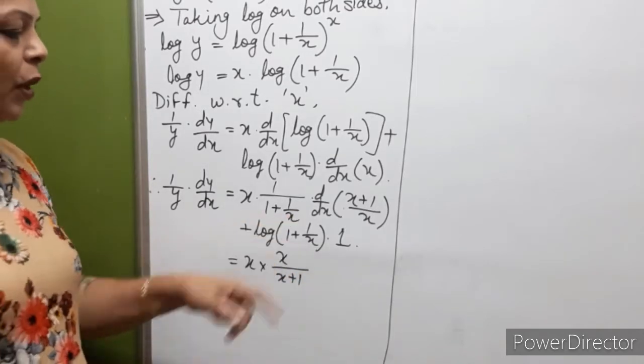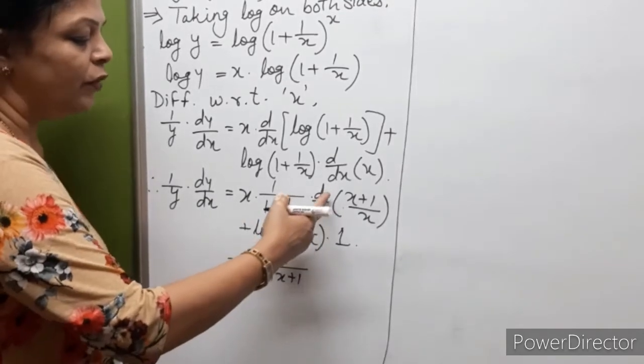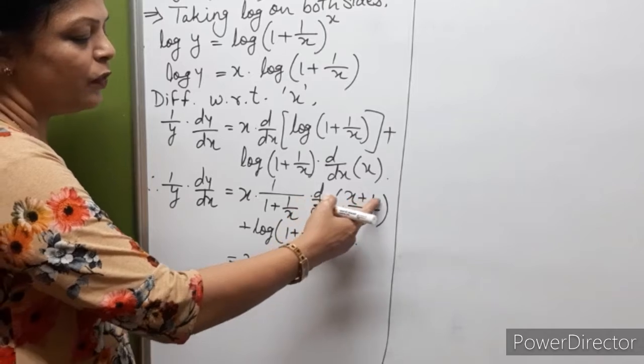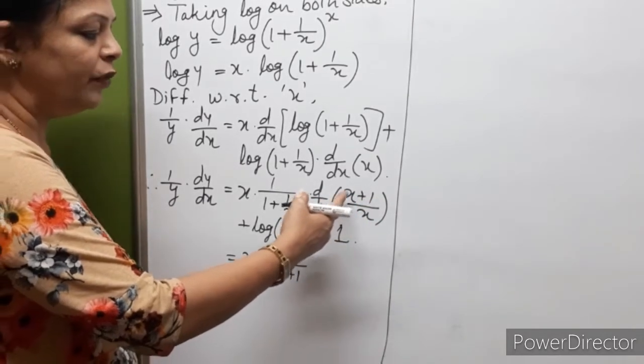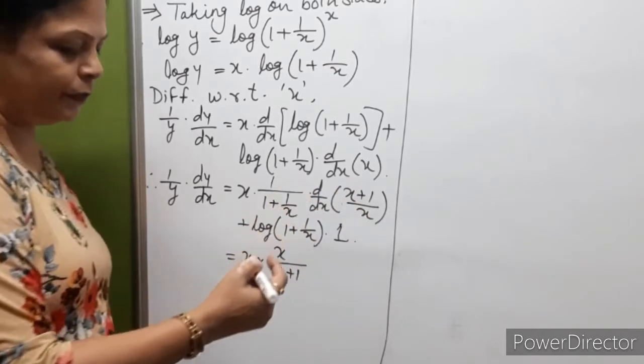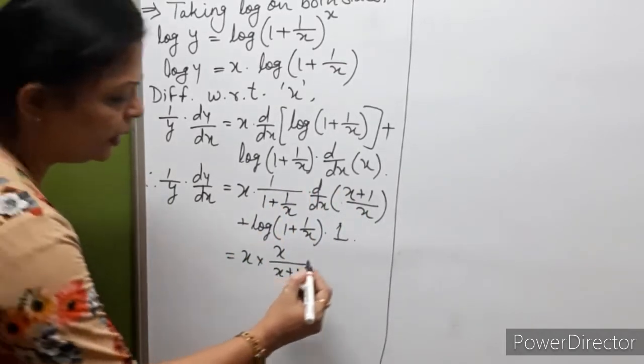Now see, this is a very important term here. We have to differentiate (x plus 1) upon x. That means you will use the formula of u upon v. So what will you get?